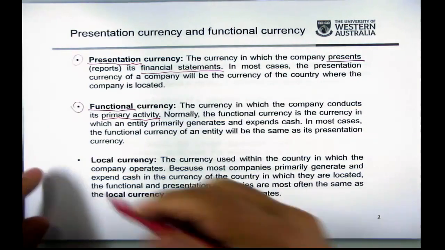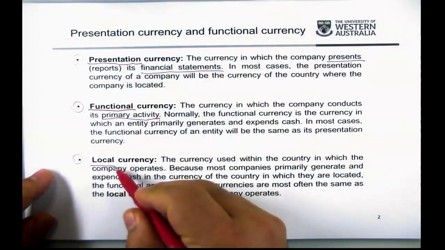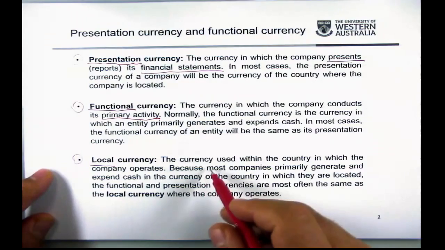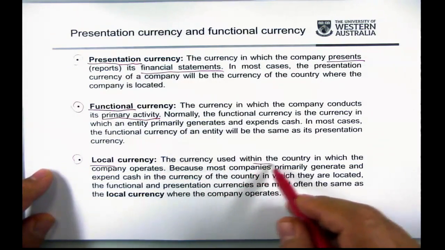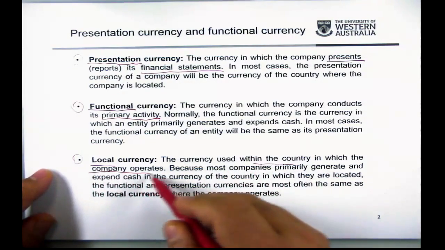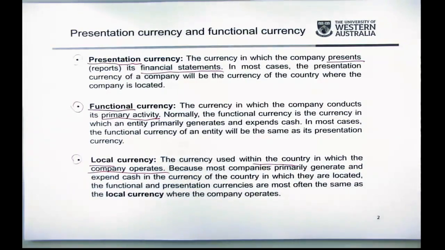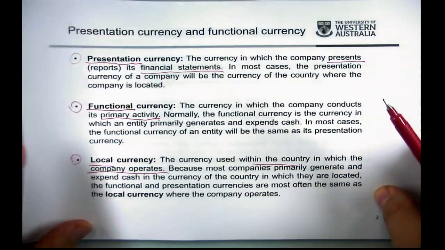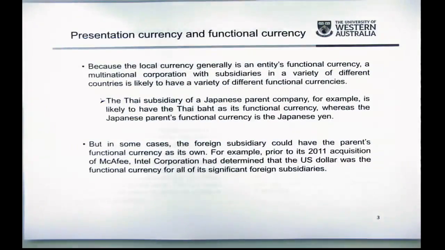And the local currency, again, this is a keyword, is the currency used within the country in which the company operates. Again, in many cases, the three currencies would be the same. There are two issues that normally arise in practice.